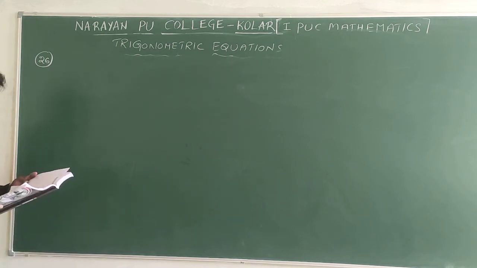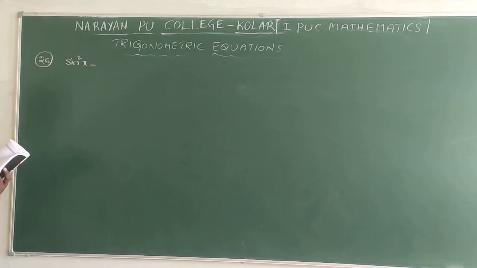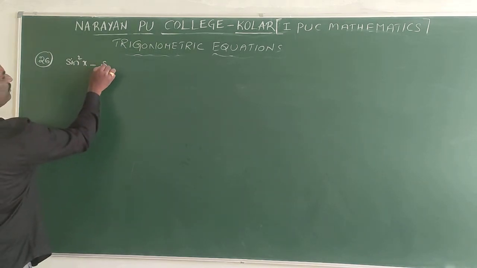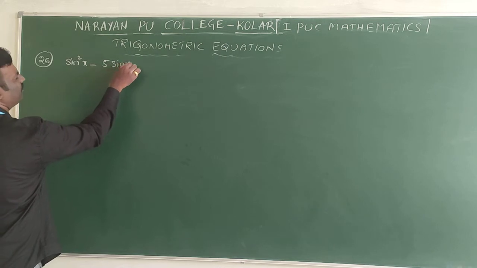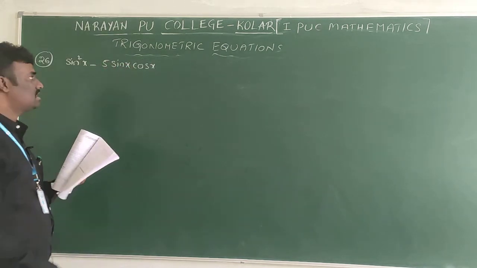In question number 26, the general solution to the equation sin square x minus 5 sin x cos x minus 6 cos square x.